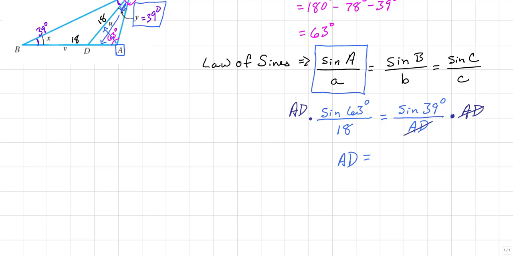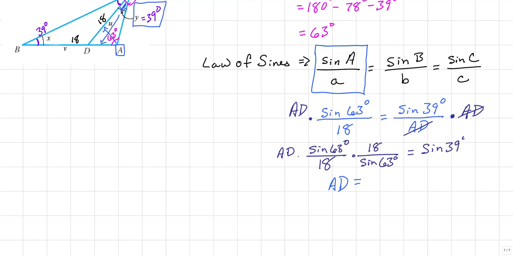In order to get AD by itself now, I'm going to multiply both sides of the equation by the reciprocal of sine 63 degrees over 18, which means I would have AD times sine 63 degrees over 18 times its reciprocal of 18 over the sine of 63 degrees. And that's going to be equal to the existing sine of 39 degrees times 18 over sine 63 degrees.